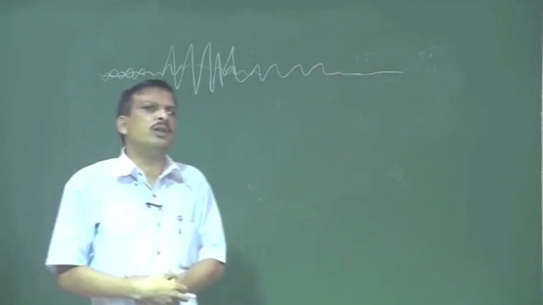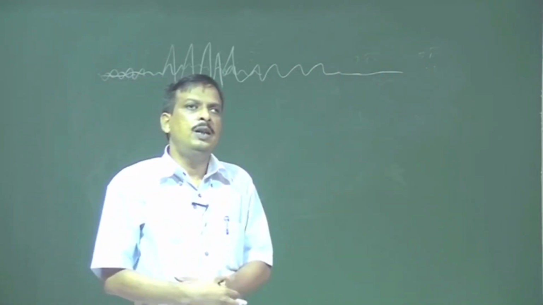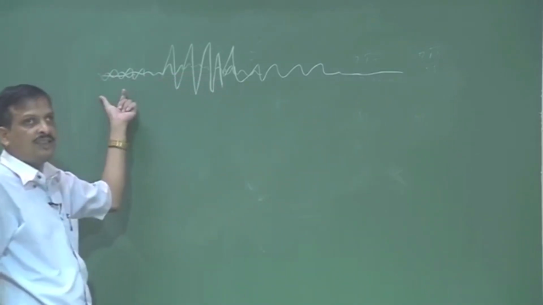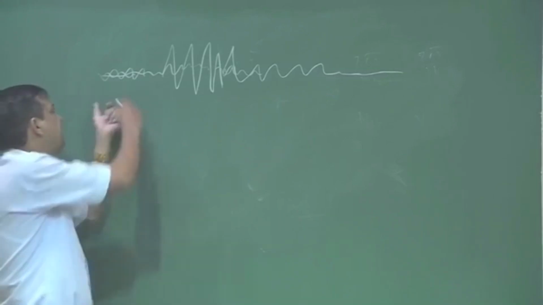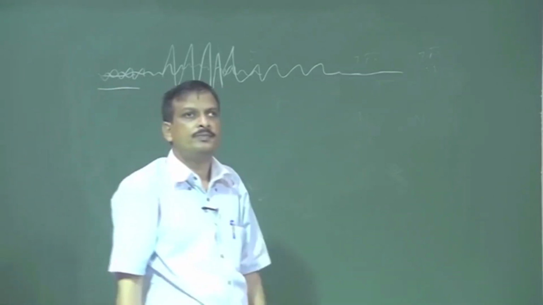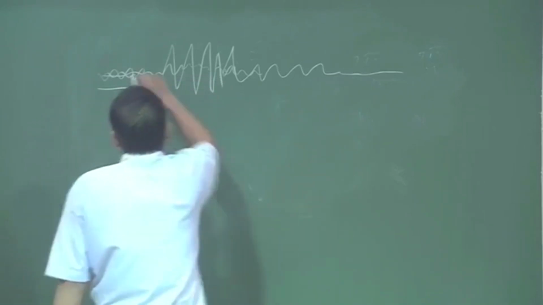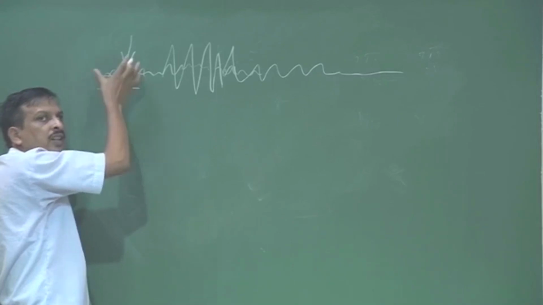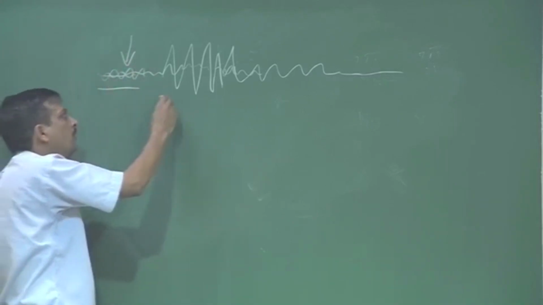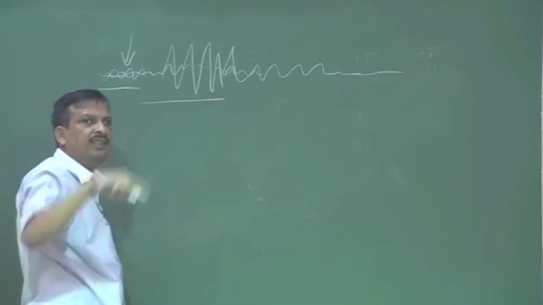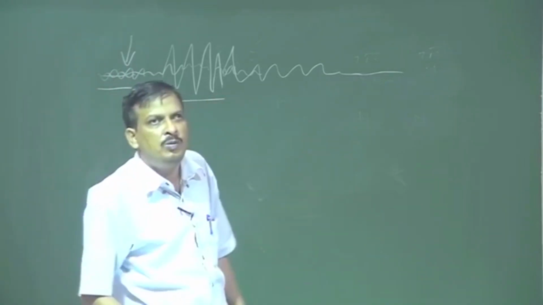I want to remove the noise. If I consider the noise is a stationary signal, that means the noise is not changing over the signal, then I can estimate the noise power from this silence zone and subtract it from the spectral information of the speech, and again resynthesize, and I can remove the noise.